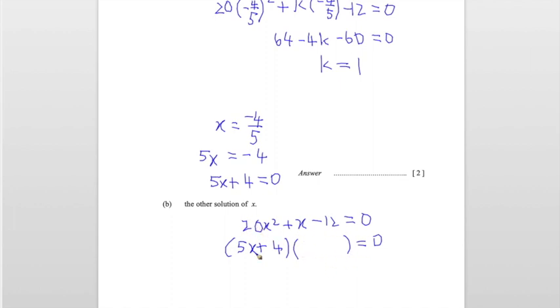To get 20x squared is 5x times 4x. And to get a negative 12, this has to be a negative 3. Therefore, the other solution is 4x minus 3 equals 0, which gives us x equals 3/4. That is the other solution. The first solution gives us this factor.